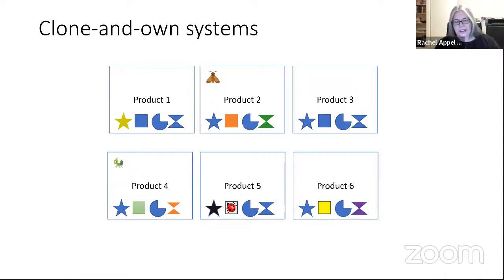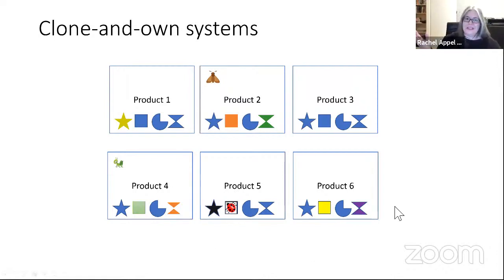Because we'll take a look in the next couple slides. There's going to be a base of functionality, but then also the functionality that varies between the products. And you have to be able to manage both of those things and the defects that happen in both of those things. And you have multiple products to think about. So just thinking about this is kind of exhausting, right? So we need frameworks, or something to help us do this.